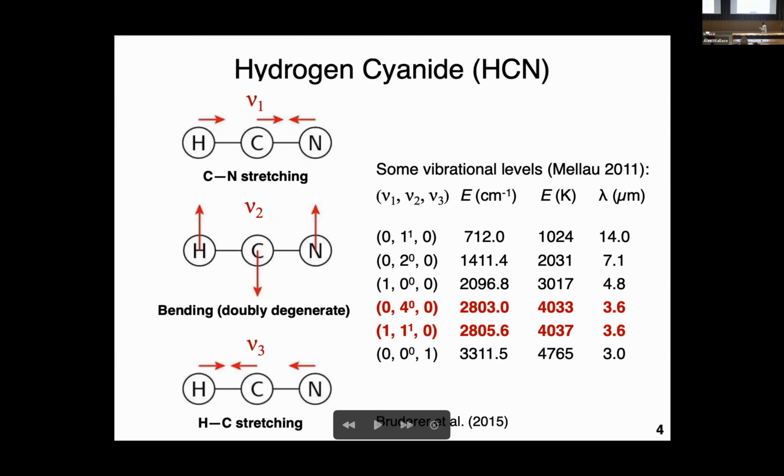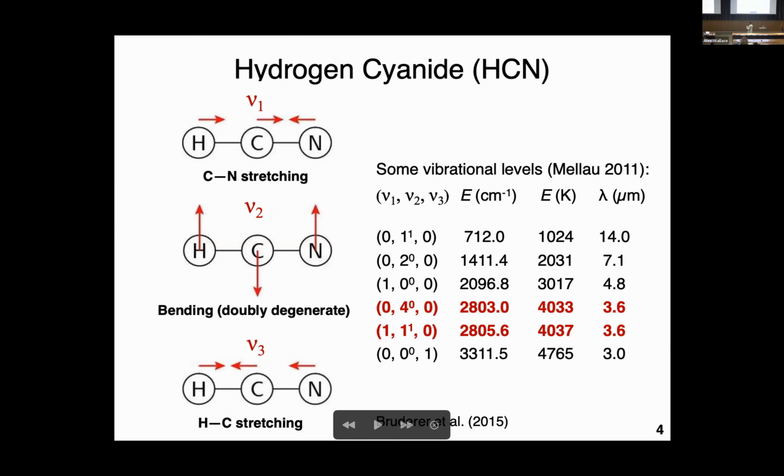So let's talk about the molecular spectroscopy of this molecule. It has three main modes of vibration: the CN stretching and bending mode, and also the HC stretching mode. I'm listing here some of the more important vibrational states in this presentation. Besides the ground state, the lowest two vibrational excited states are both in the bending mode, and they correspond to energy levels of about 1000 Kelvin and 2000 Kelvin.